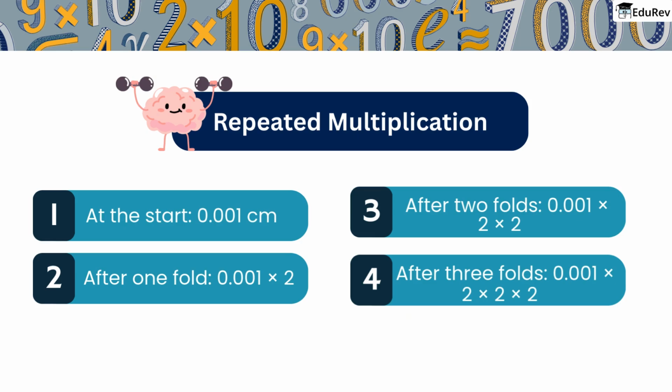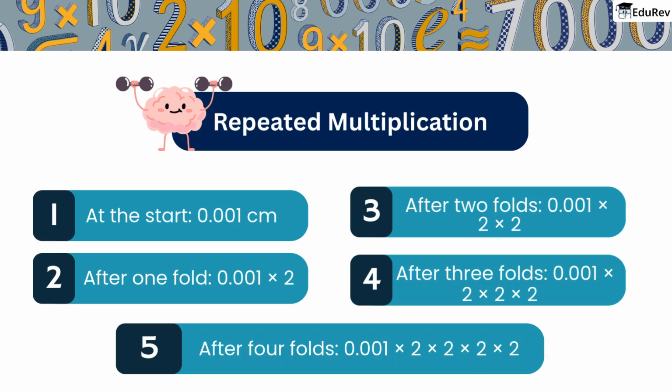After three folds, 0.004 times 2 equals 0.008. After four folds, 0.008 times 2 equals 0.016. Notice how the number 2 is being multiplied again and again.